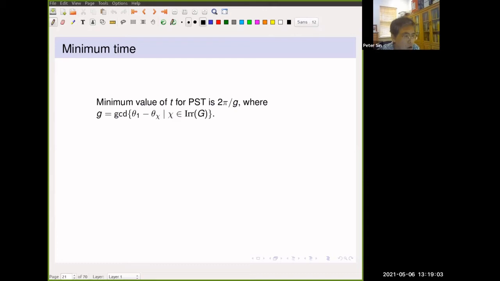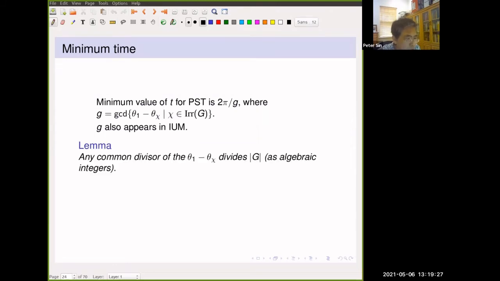In the case of Cayley graphs, this is true more generally for association schemes, but this g also appears in discussions about instantaneous uniform mixing. So it's an important parameter in this theory.